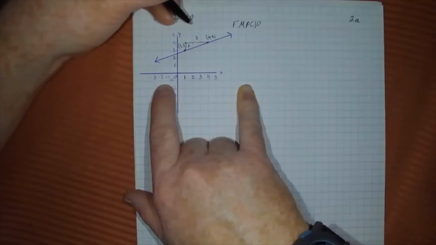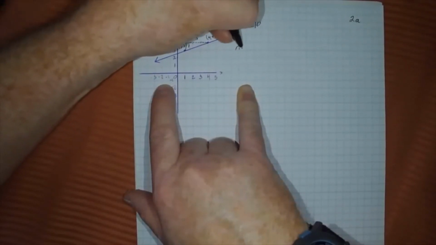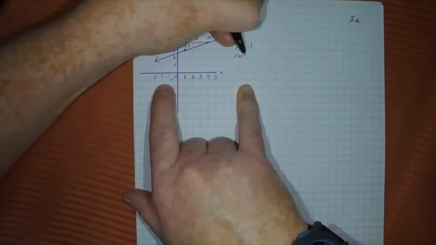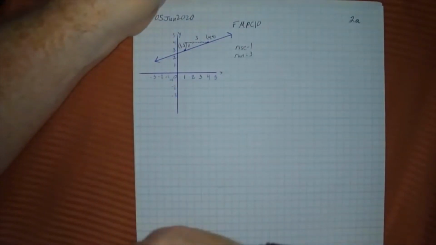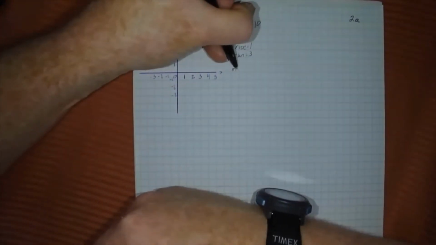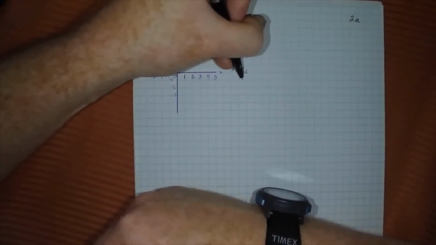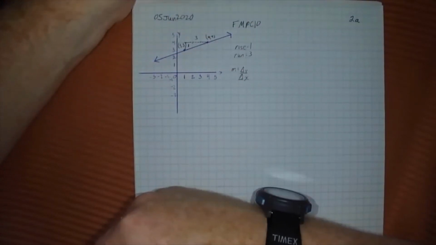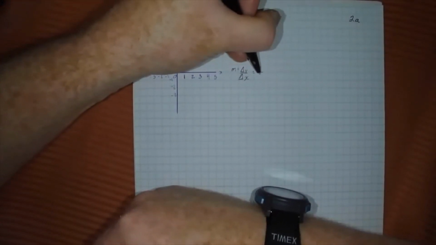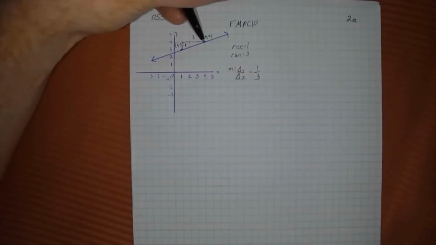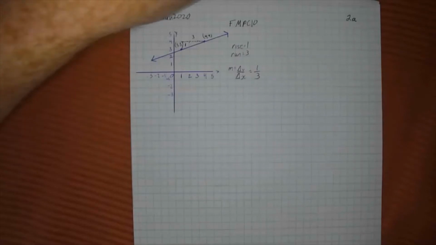So my rise equals 1 unit. My run equals 3 units. That means my slope, which is the change in y over the change in x, is going to be 1 over 3. So I go up 1 for every 3 steps forward.